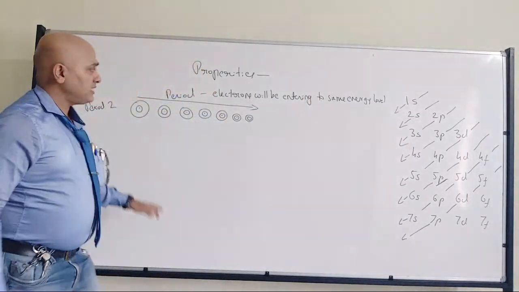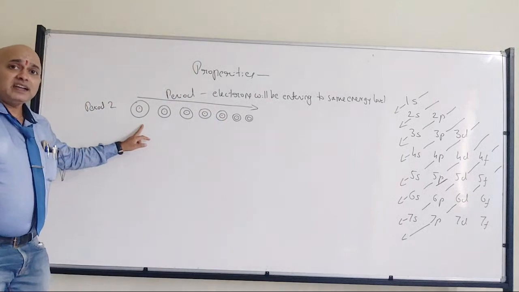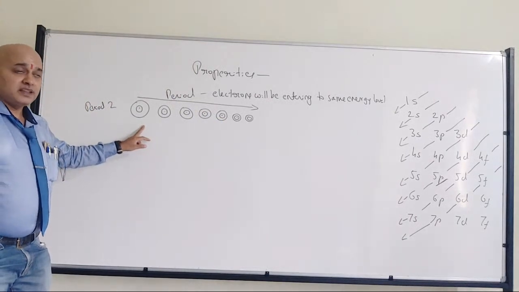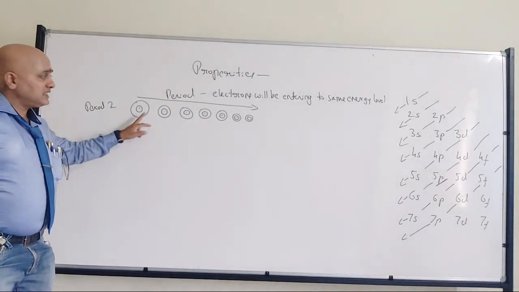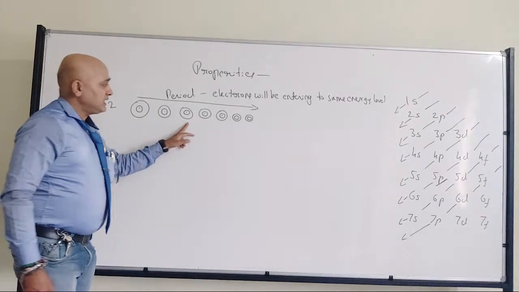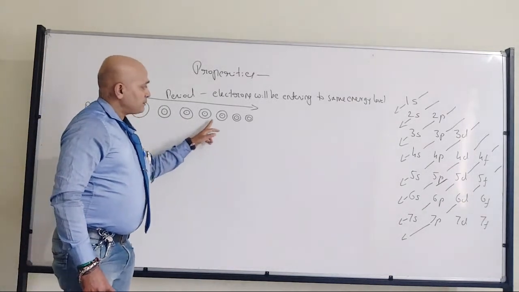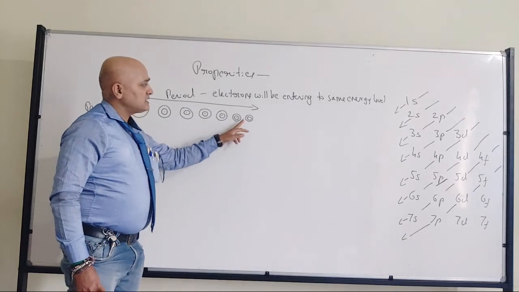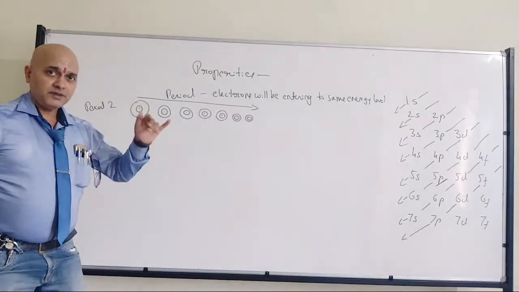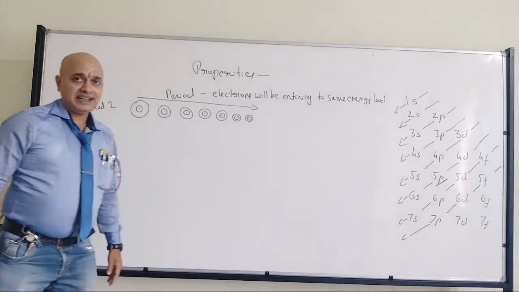So if I take lithium, beryllium, then boron, then carbon, nitrogen, oxygen, fluorine. I have omitted the inert gas. Fine.